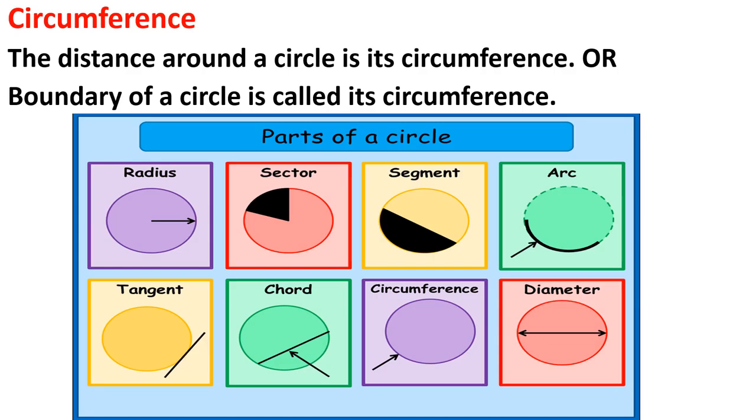The boundary of a circle is called its circumference. Diameter. Diameter passes through the center of the circle. First condition. Second, its two endpoints lie on the circumference of the circle. I hope now every part of the circle is clear to you. Everything is clear. Okay?